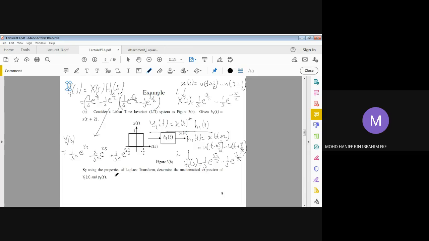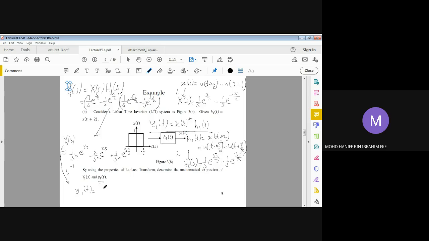But we are yet to find y1(t). What we have here is just Y1(s). So to find y1(t), we have to do the inverse Laplace transform. We know this will be in the form of t u(t), and we have the shifting.